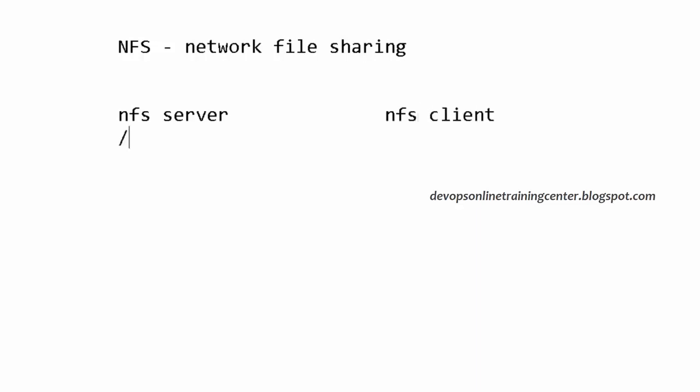From here we create a directory /a, and here we create a directory /b, and now /a will mount to /b, right? Mount or attach. Mounting is nothing but attaching a file system to the client.